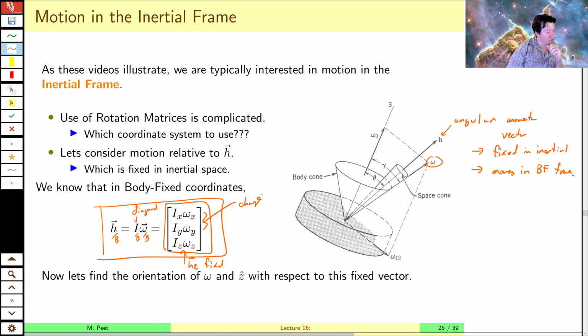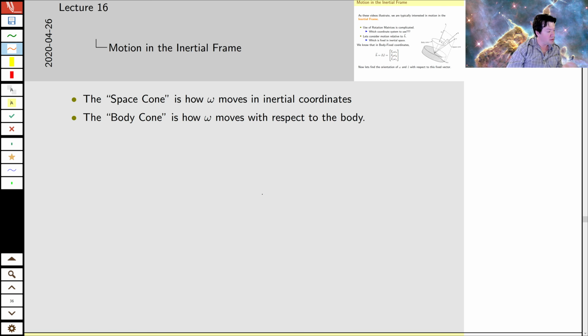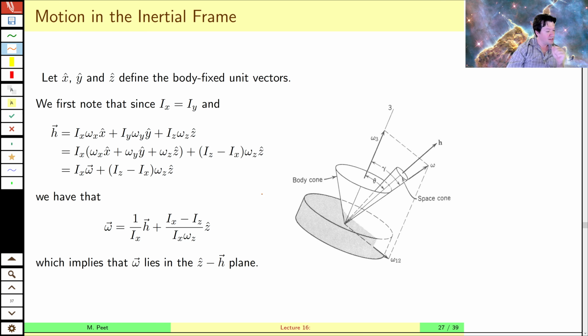So let's orient ourselves with respect to that angular momentum vector. We're going to be focusing on these cones, these body cones and space cones. So these are cones. The body cone is fixed in the body, and the space cone is fixed in space.